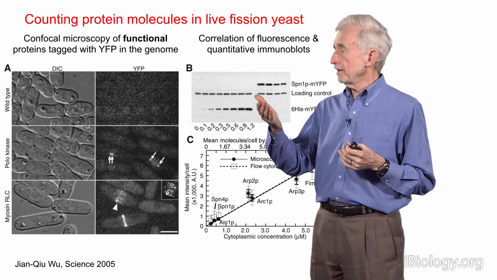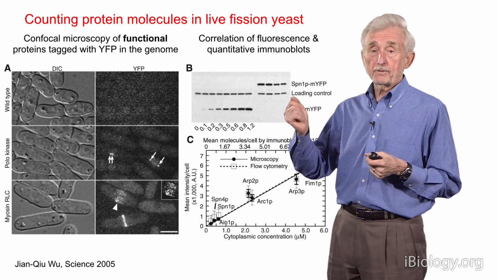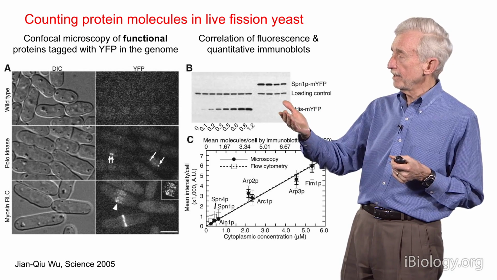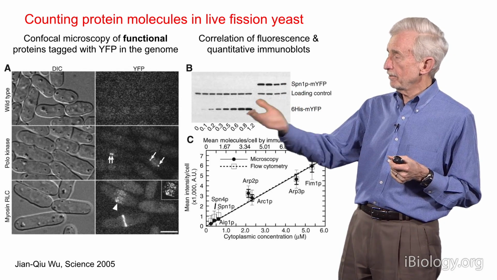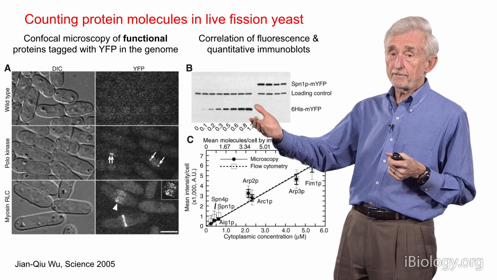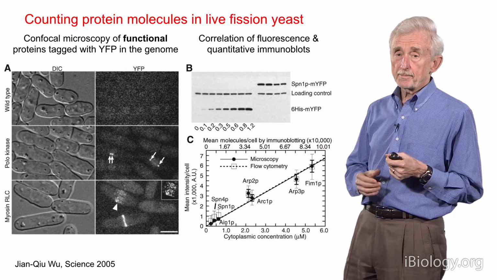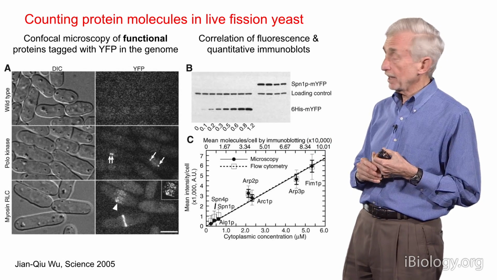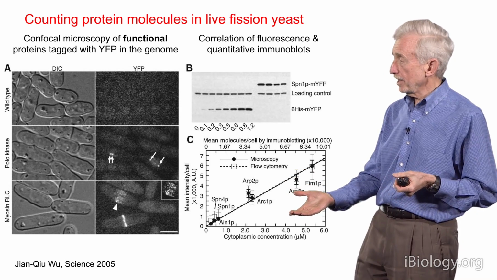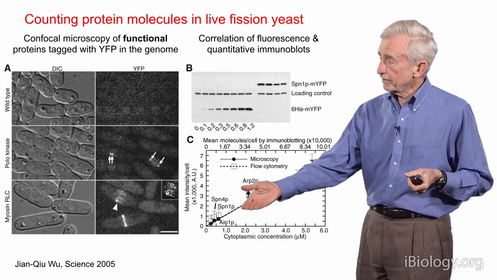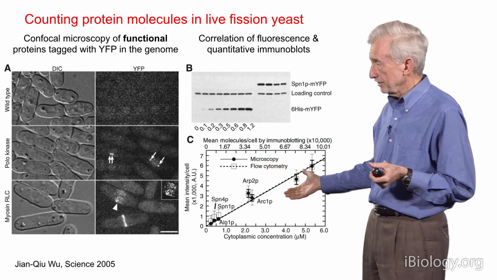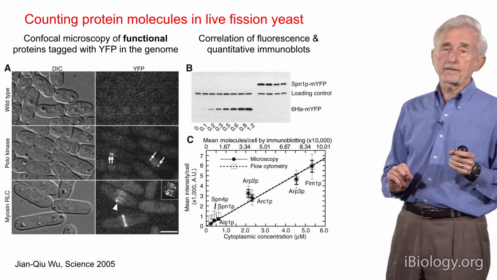He ran on a gel duplicate samples of two different loadings of a known number of cells and compared on this immunoblot the intensity of these bands with the intensity of bands of a known amount of purified YFP, which we're using as an epitope tag in this experiment, in addition to giving the fluorescence. And what Zhenshu discovered down here at the bottom was that the fluorescence intensity is directly proportional to the numbers of the YFP proteins in the cell.